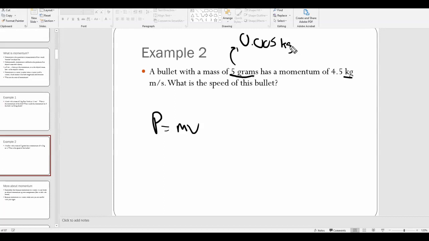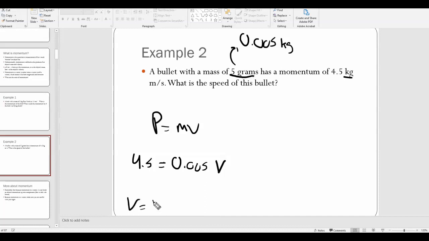Second of all, it tells me the momentum. It doesn't tell me the direction, but if we just assume that 4.5 kilogram meters per second is in the positive direction, then all we have to do is plug in. 4.5 is the momentum, and we have the mass, which is 0.005. We can solve for the velocity, and if it's moving in the positive direction, then the velocity and the speed are basically the same thing, because if you take speed and add direction to it, you get velocity.